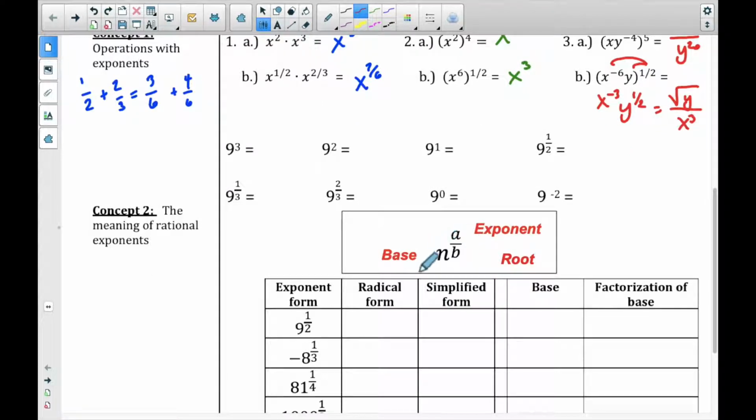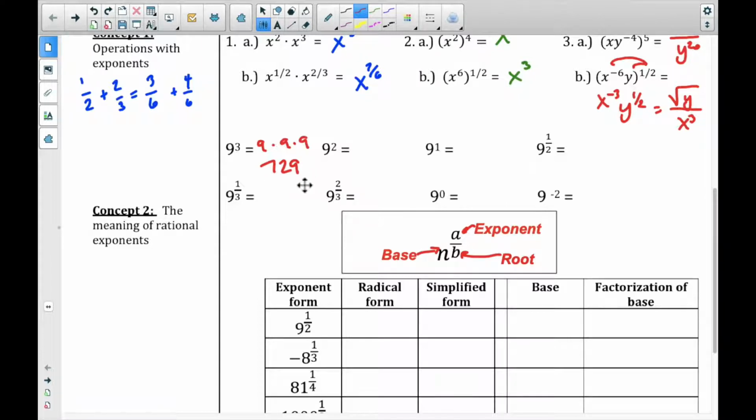So when you have a number, this number is called the base. This top number is going to be your exponent. The bottom number is going to be your root. Let's look at some examples with 9. We know that 9 to the 3rd means 9 times 9 times 9, and that is 729.